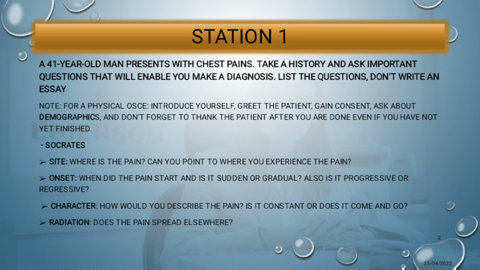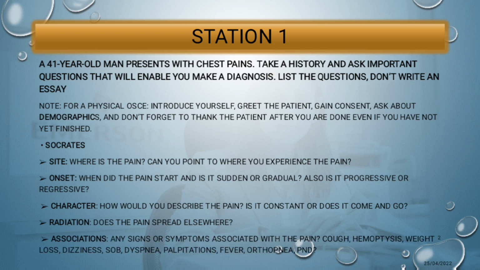For the radiation, ask does the pain spread elsewhere? Then for associations, you can ask about any signs and symptoms associated with the pain. If they say no, you are supposed to point them toward your own questions, depending on the system you are talking about.